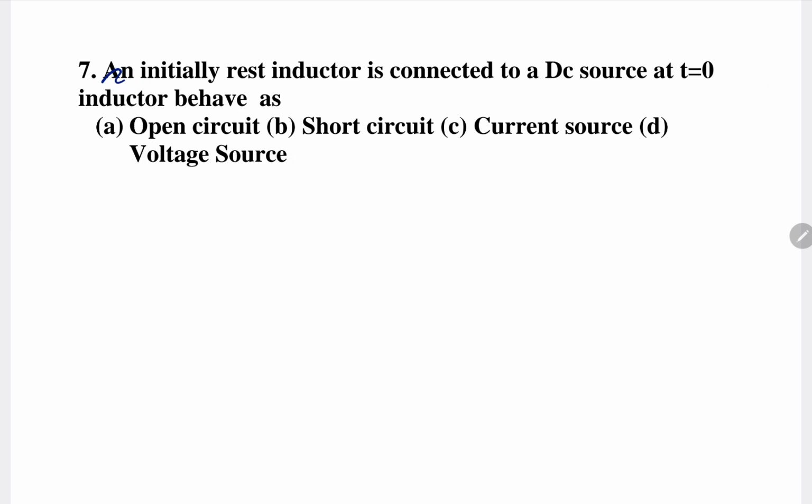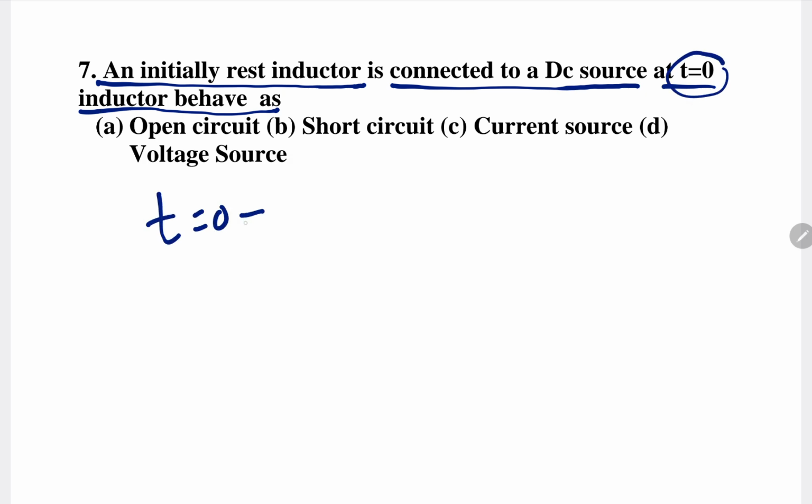Seventh question. An initially rest inductor is connected to a DC source at t equal to 0. The inductor behaves as? We need to identify the inductor behavior at t equal to 0, meaning at t equal to 0 plus. How the inductor will behave at 0 plus depends on how it was at t equal to 0 minus. At t equals 0 minus, is any current present in the inductor or not?